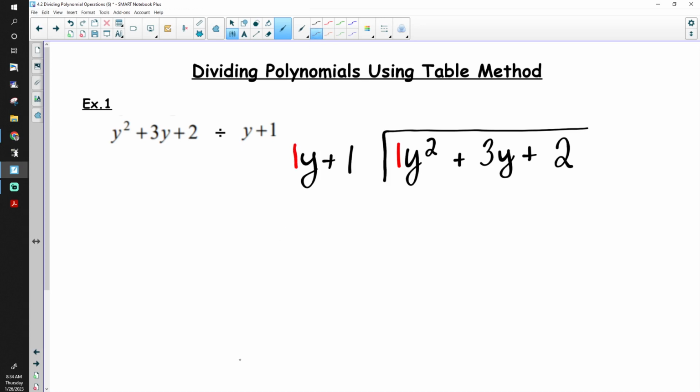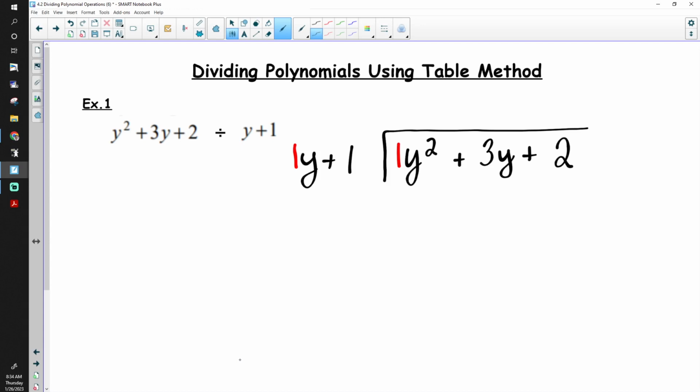So, how many terms does 1y plus 1 have? 2. Okay? So just like we did in that long division, remember the 9 couldn't fit into a 1, so we had to look at the first 2 numbers, right? And then we were like, oh, 9 can fit into 12 one time.